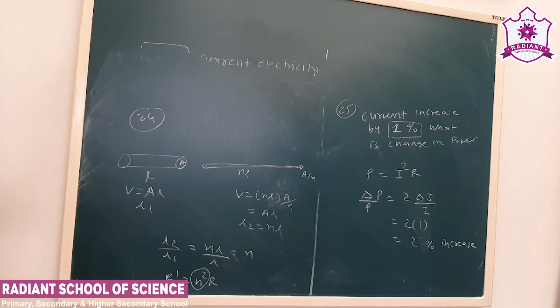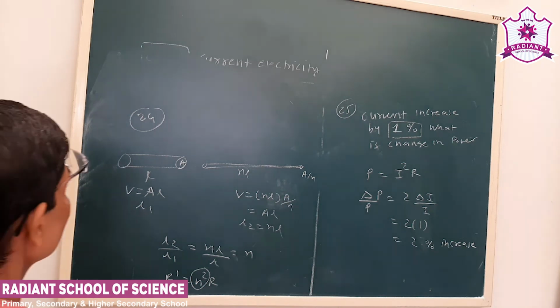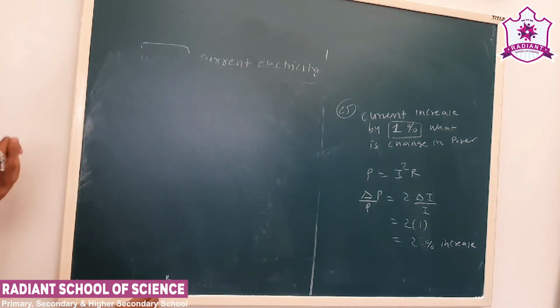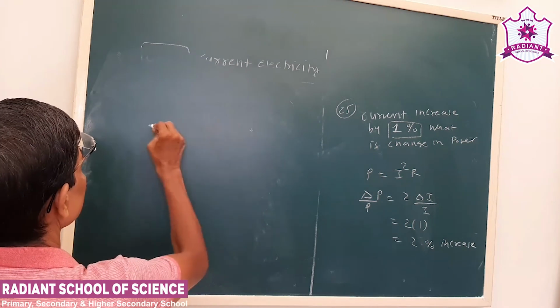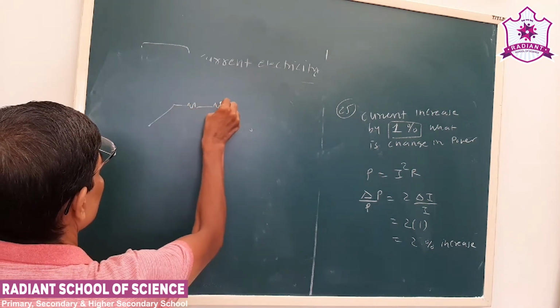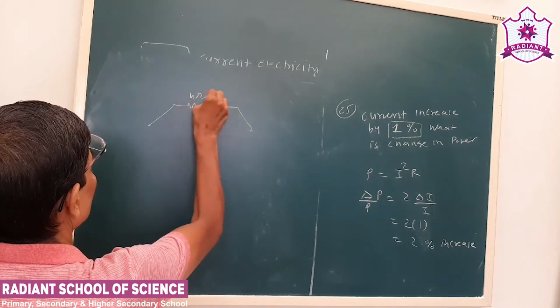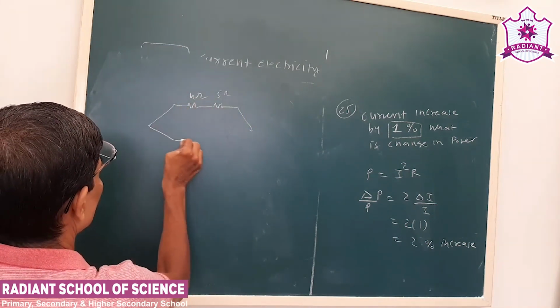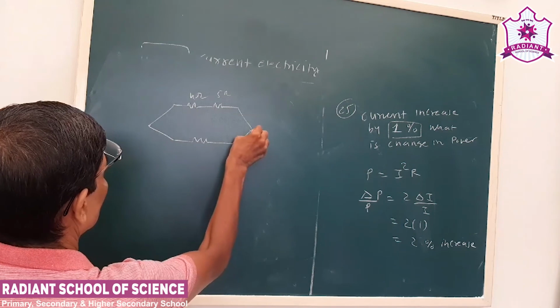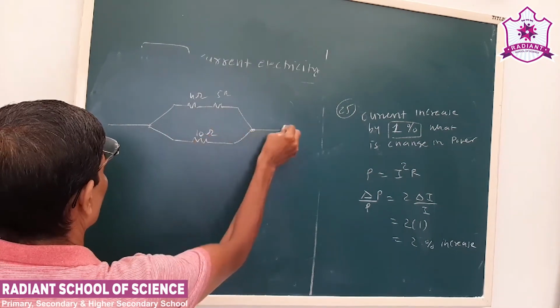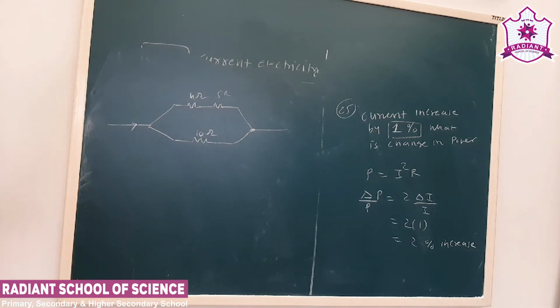Now next is MCQ number 26. See, a circuit is given like this. Now that one is related to the joule heat.